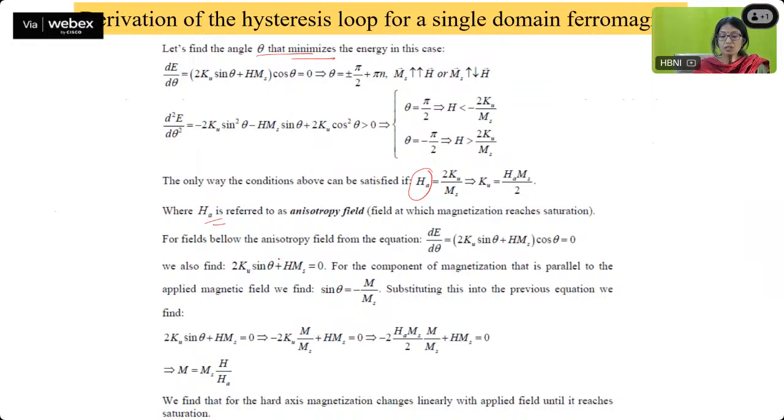For fields below the anisotropy field, from the equation dE by d theta equal to 0, you will also find that sin theta is equal to minus M by M_s. And if you put this into the equation, you will find that the M value is nothing but the saturation magnetization times H by H_A. So we find that for hard axis magnetization, the magnetization changes linearly with the applied field until it reaches saturation.